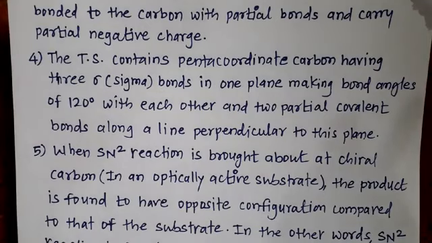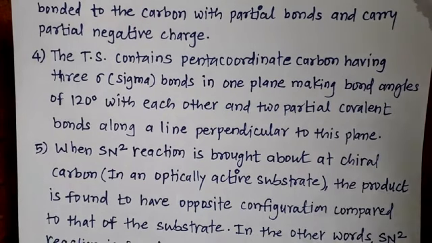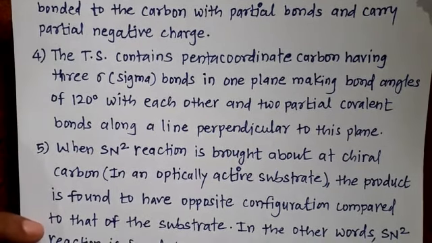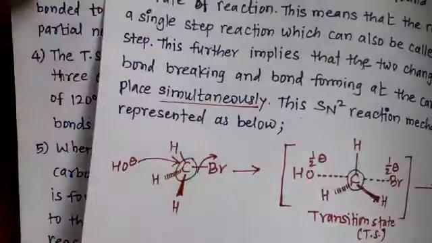3 sigma bonds are present in one plane, and due to this they have a bond angle of 120 degree, and 2 partial covalent bonds lie along the line perpendicular to this plane.